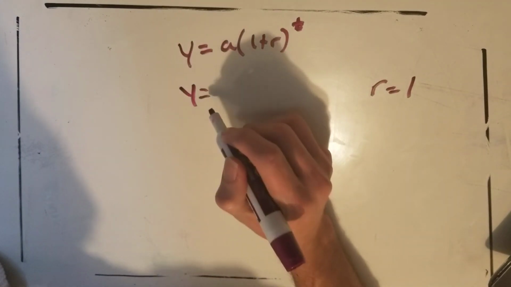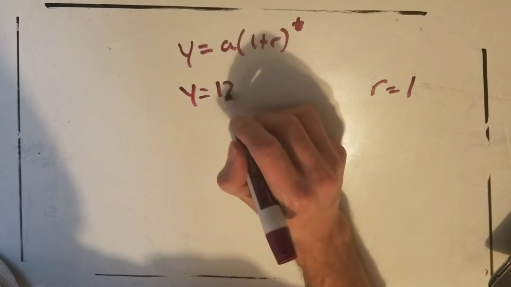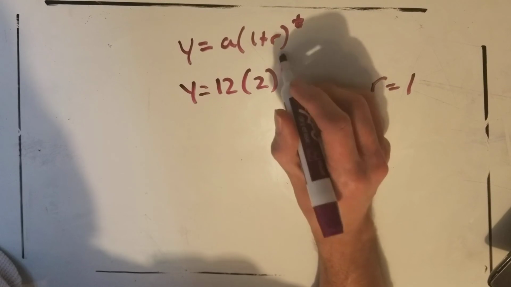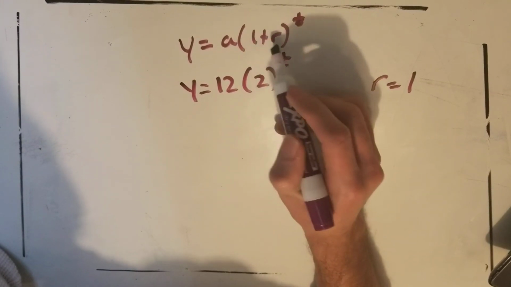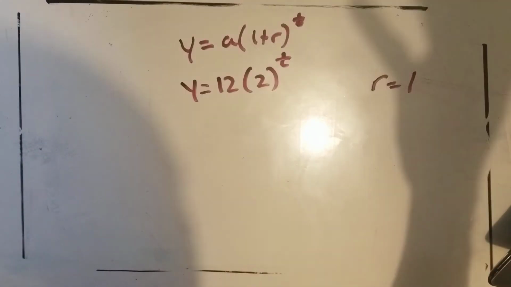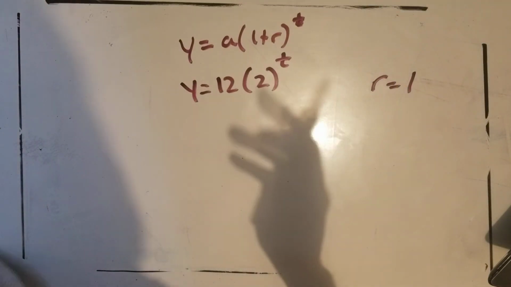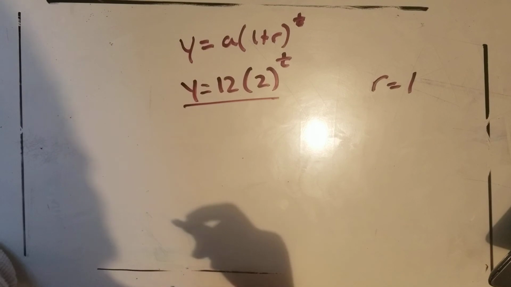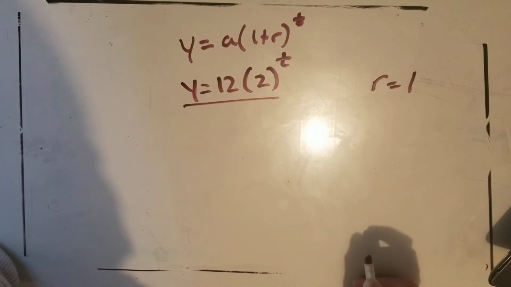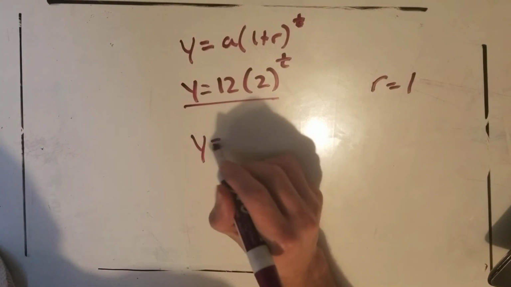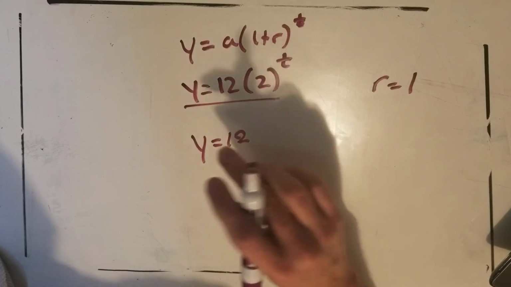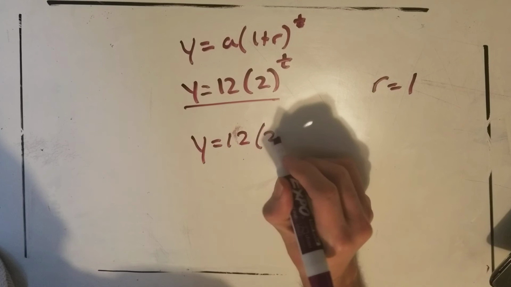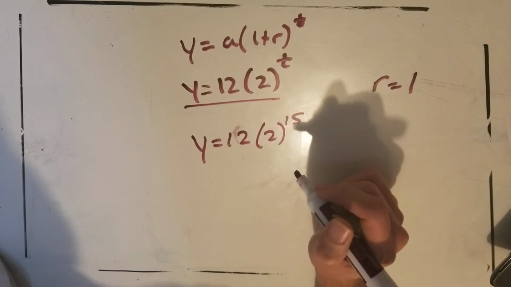So y equals, and our a, we should see really clearly, is 12, and it's going to end up being 2 in here. You're increasing your original 100% by 100% more, so you have 200% of the original, which is doubling. So this is your function, and that's part A. Now part B says how many will he have after 15 weeks? Well, you started with 12, and he's doubling it 15 times.